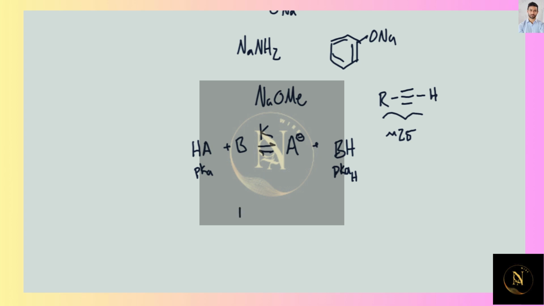And then we calculate K as 10 to the negative pKa of the acid minus the pKaH, or you could say 10 to the pKaH minus the pKa. In our case, each time the acid that we're worried about being deprotonated is our alkyne, so about 25.